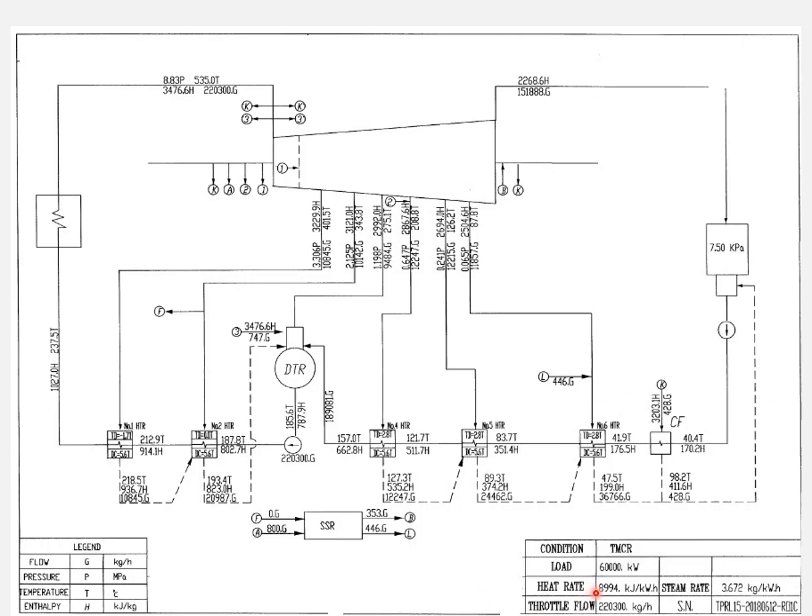Throttle flow: 220,390 kg per hour is the total mass flow rate of steam entering the turbine. This reflects the volume of steam required to sustain the TMCR output.